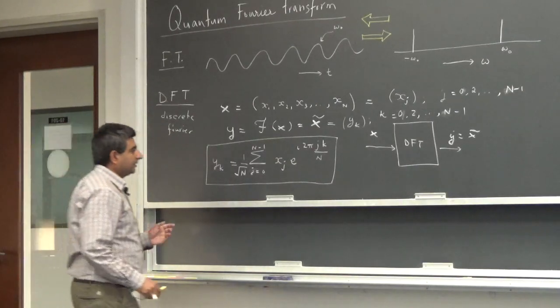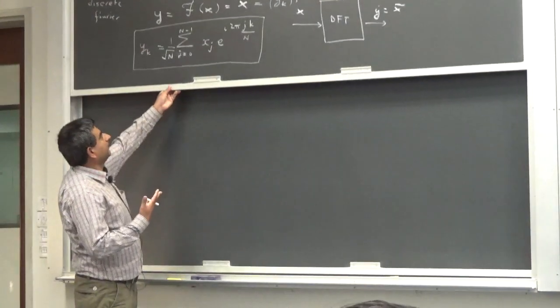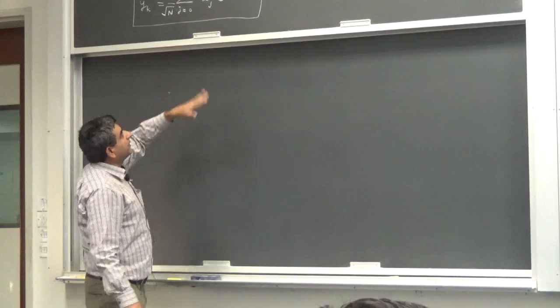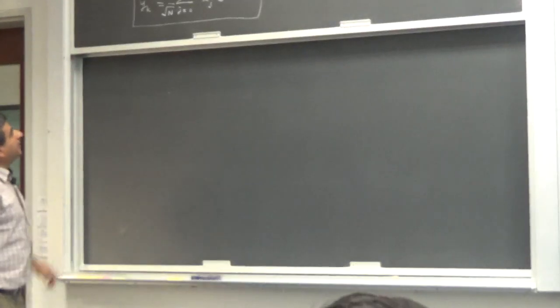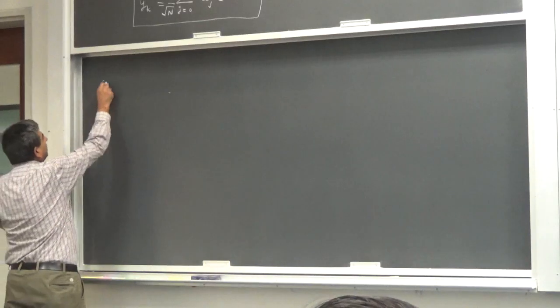Just to give you an example, let's talk about an example in the quantum domain. So this is our Fourier transform. Now likewise, in the quantum domain, we can talk about a quantum Fourier transform.